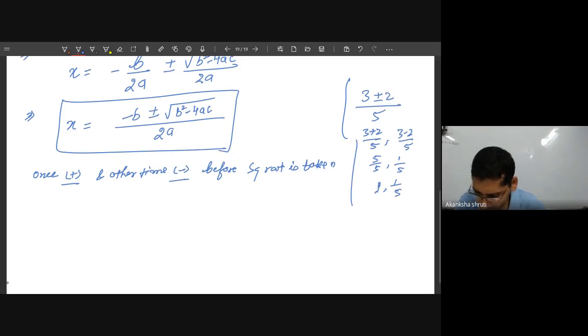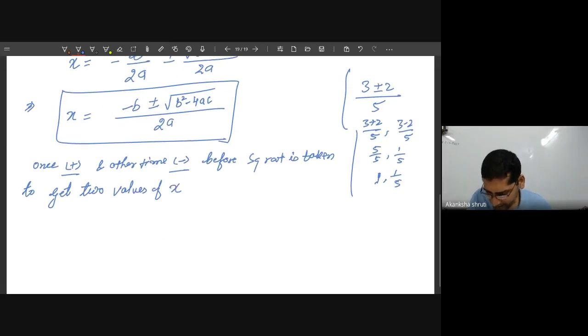Therefore, once positive, other time negative before the square root is taken, to get two values of x. It also verifies from here.